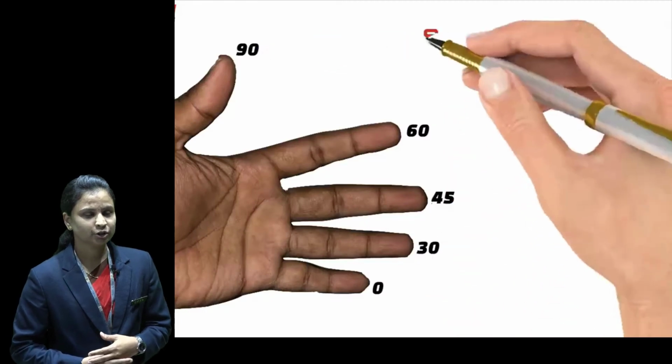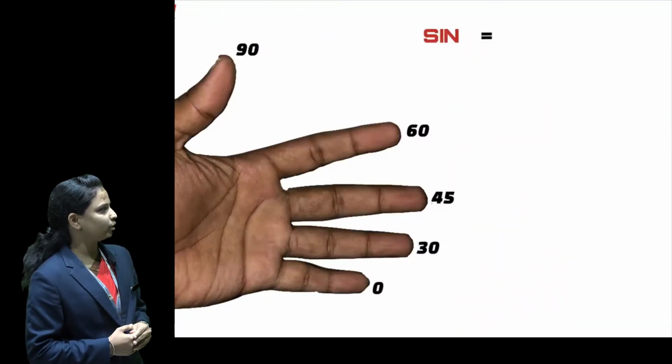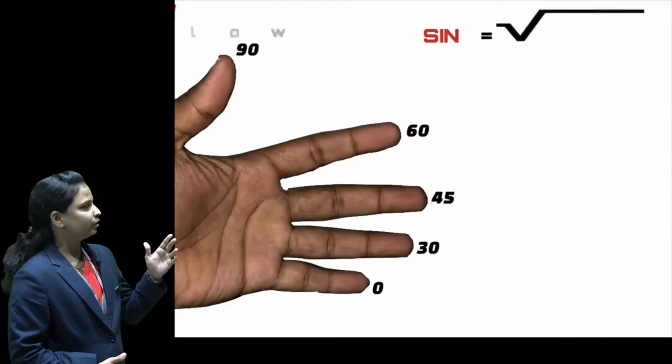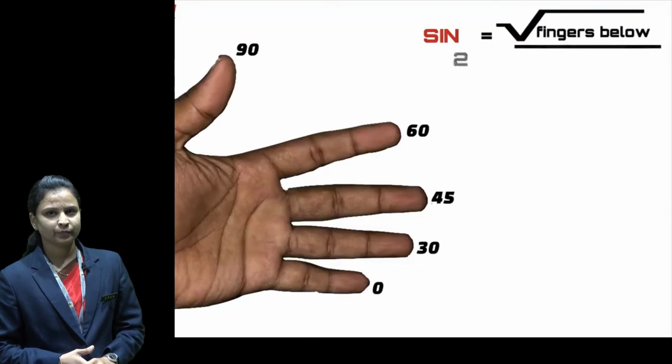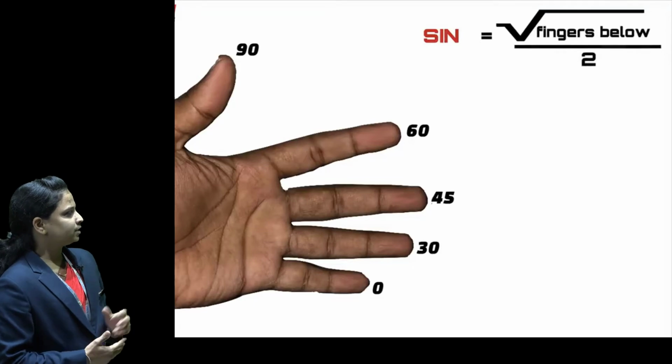So let us start with sine. There is a basic trick for sine. As we sign below, whether it is a cheque or any document, sine is equal to square root of fingers below divided by 2. Now see sine 0.